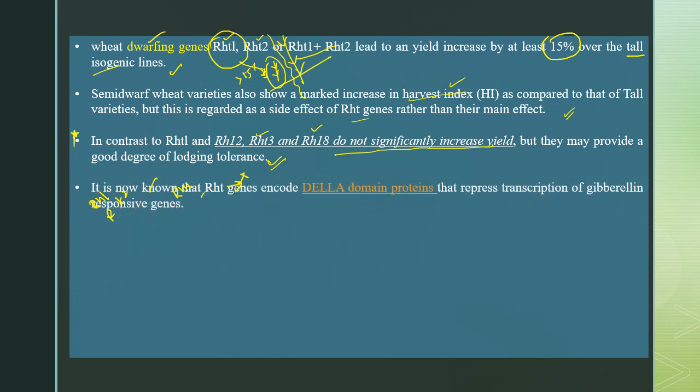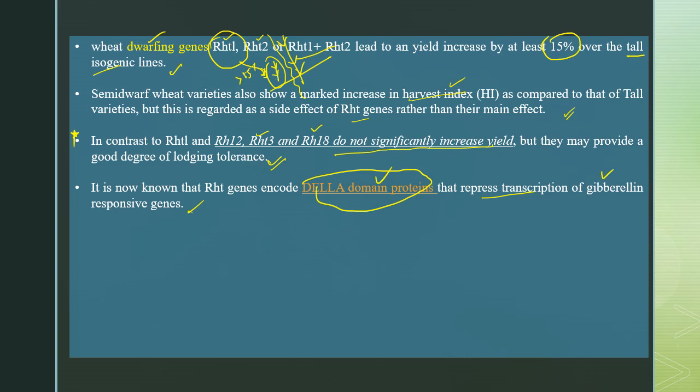After that, if we see, these RHT genes mainly encode DELLA domain proteins. So they actually repress the transcription of gibberellin responsive genes. You all know that gibberellin is a hormone which is responsible for internode growth.